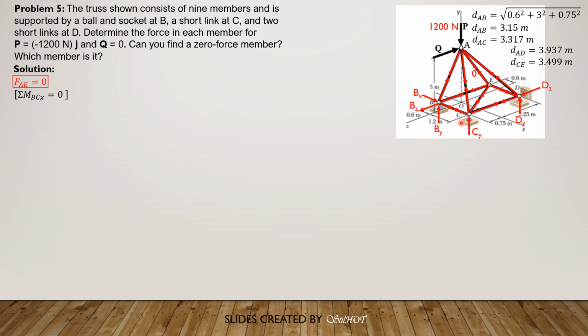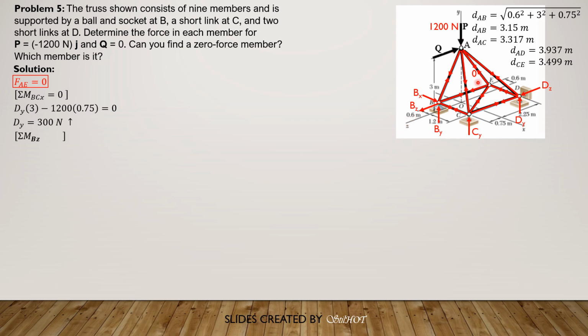So Dy times 3 minus 1,200 times 0.75 equals 0. The other reaction components are not involved because they pass through BC. Dz passes through BCX. So Dy is equal to 300 newtons upward.